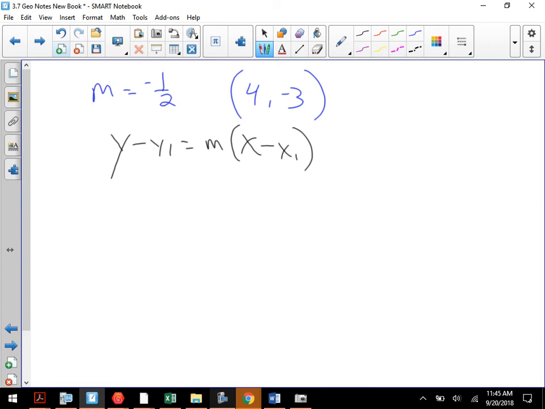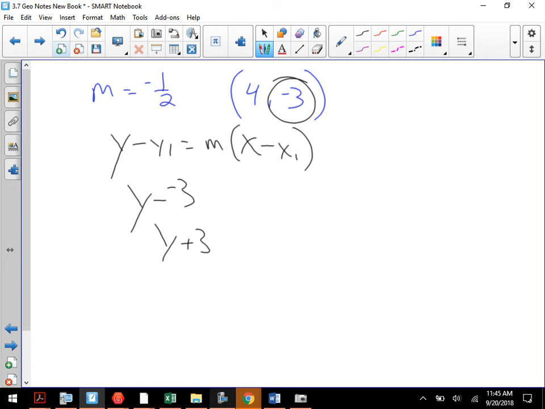Fill in the blanks. What's my y sub 1 coordinate? Negative 3. So when I substitute in, it'll be y minus the negative 3 becomes y plus 3. Yeah, because it's a negative. So if I write minus a negative 3, that just becomes y plus 3.